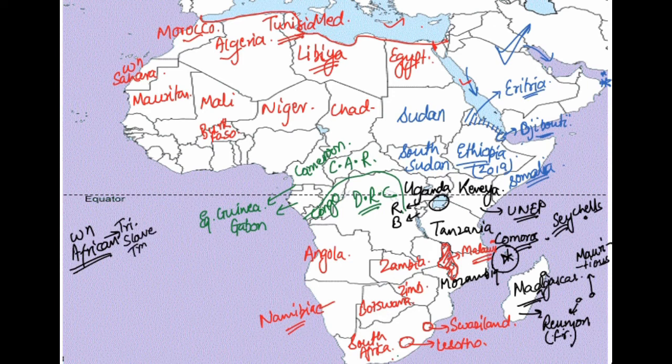The source region of this triangular slave trade was West Africa. Let us imagine a triangle. At one tip of this triangle we have Africa, here we have Europe towards the north, and towards the west we have the Americas. So how did the slave trade happen?